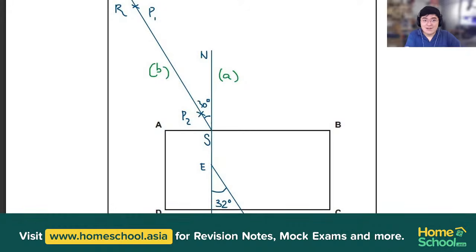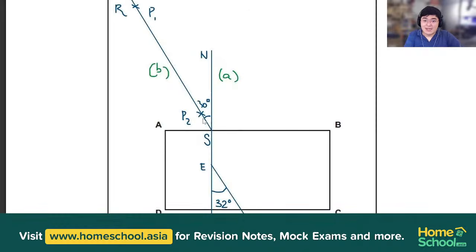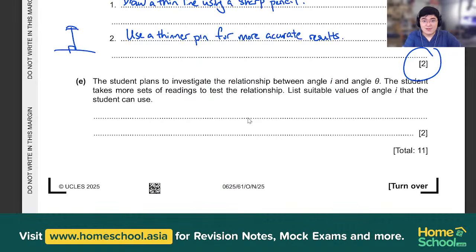So let's just write down three angles, and the range between these angles is spread at least over 30 degrees. Let's say we can maybe use 10 degrees for the first angle. We can use 30 as the second one, as we have seen before already.